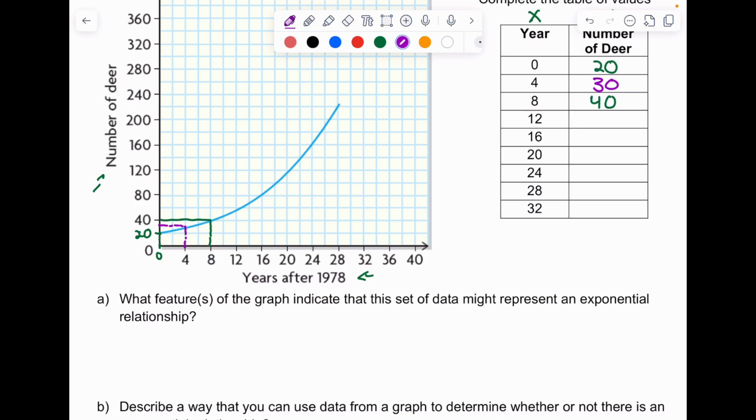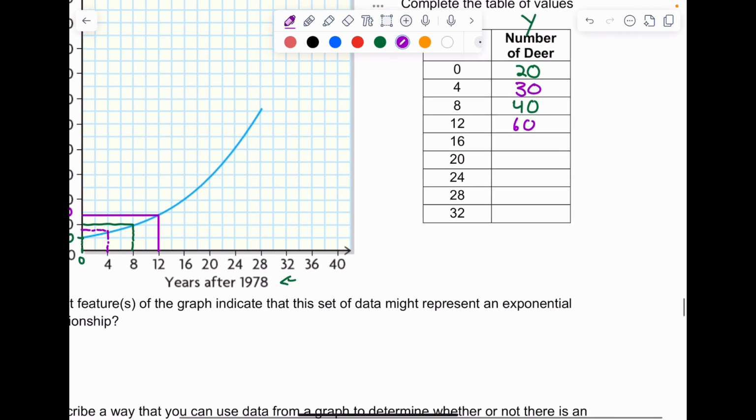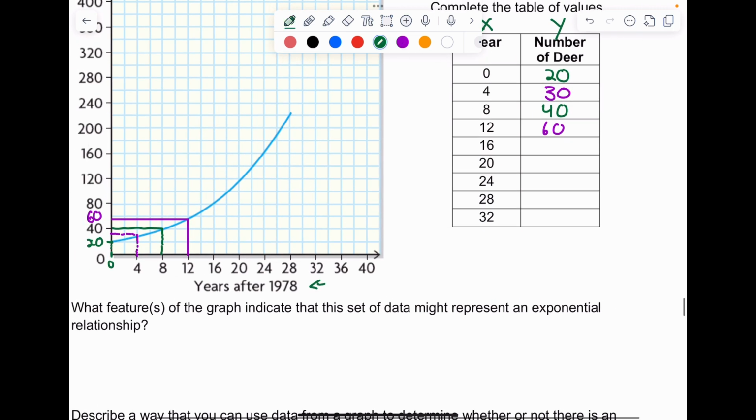Do it again, at 12. So at 12, you go up, and then you read across. Oh, sorry, that line looks off. There we go. And read across. It looks like we're at 60. Okay, let's keep going. 16, go up, and then read across. You're at 80. And then go again. 20, go up, read across.